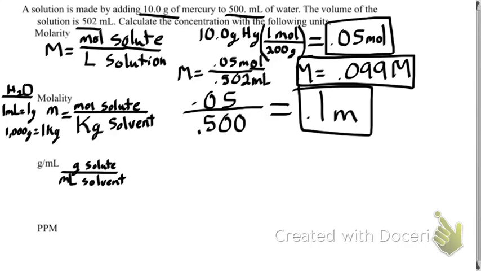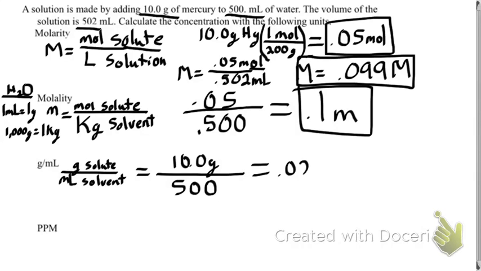Actually, it's not important to be able to spell it, but that's neither here nor there. So, we have 10 grams of mercury for 500 milliliters of solvent. So that should equal 0.02 grams per milliliter.